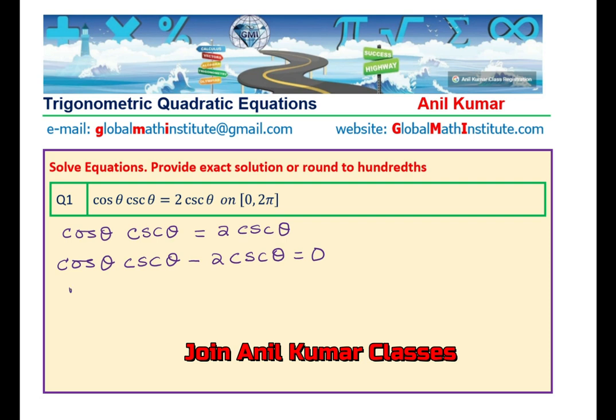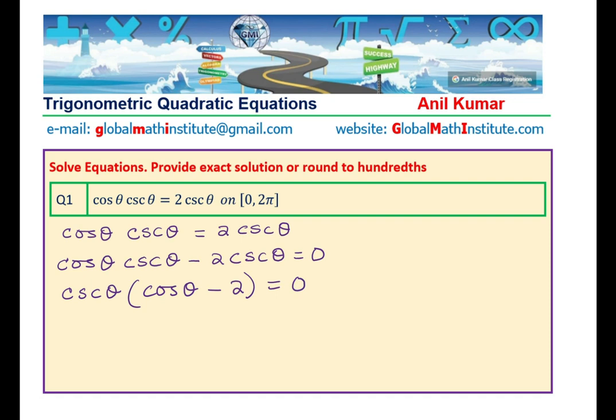You can factor: cosecant theta times (cos theta minus 2) equals 0. So now, using the zero product property, we have two solutions here. We can write cosecant theta equals 0, or we can say cos theta equals 2.